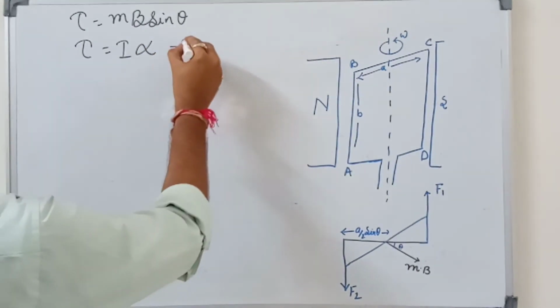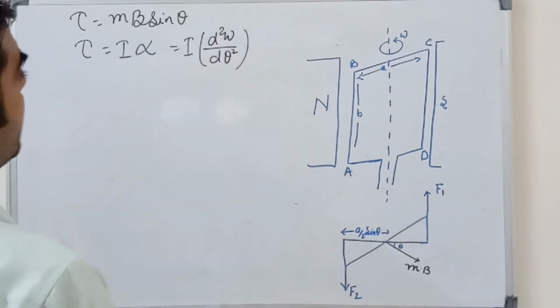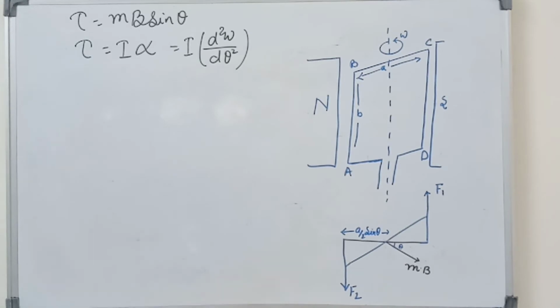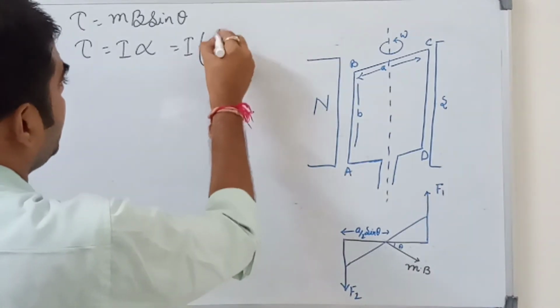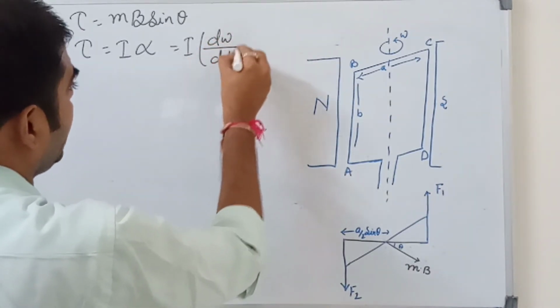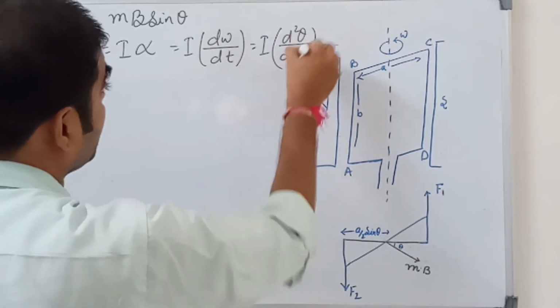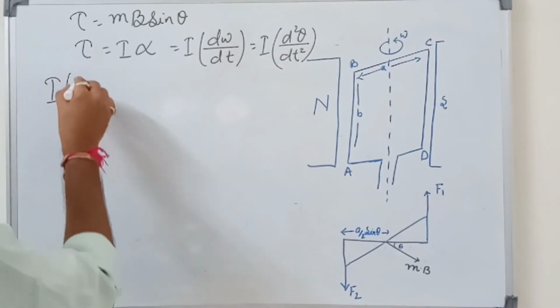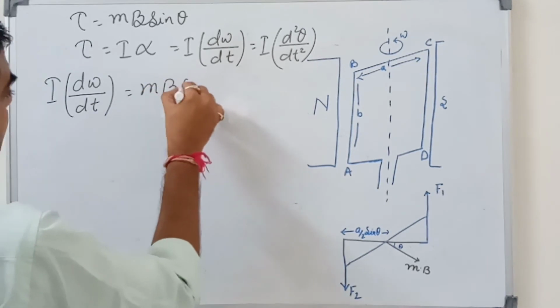Now convert: alpha is equal to d omega upon dt, and alpha is equal to d square theta upon dt square. So putting the value, I d omega upon dt is equal to mB sin theta.